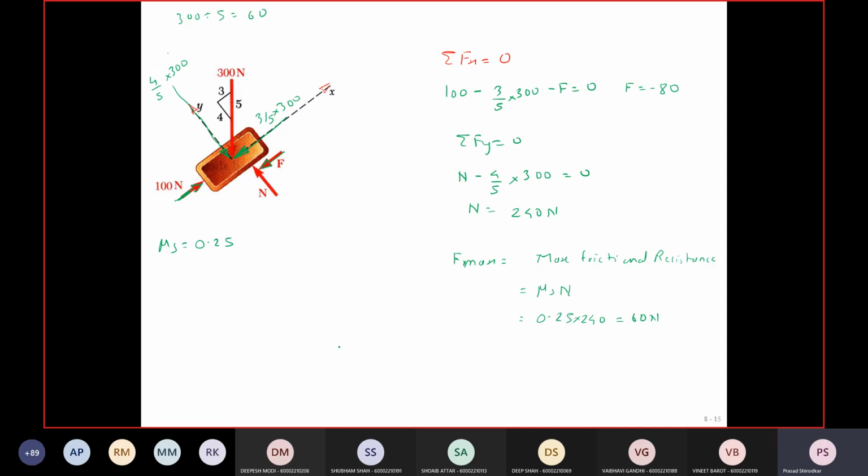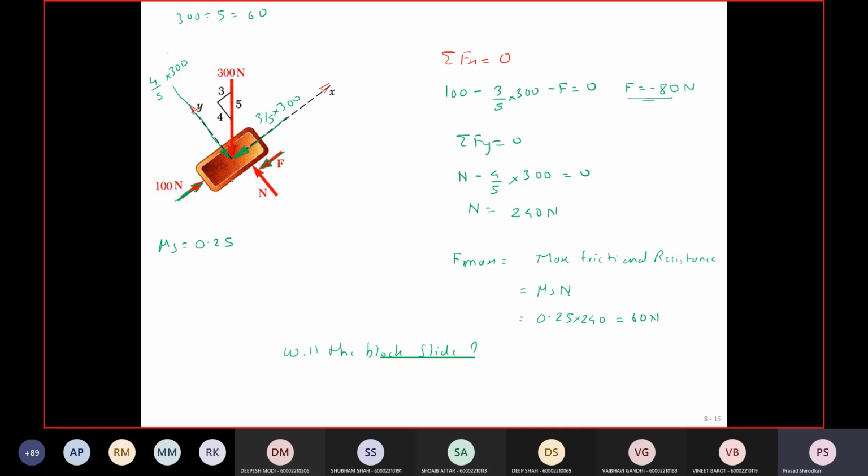So what will happen? Can somebody tell me, will the block slide? Yes? No. Why not? See, f is minus 80, so whatever direction I have assumed is wrong.